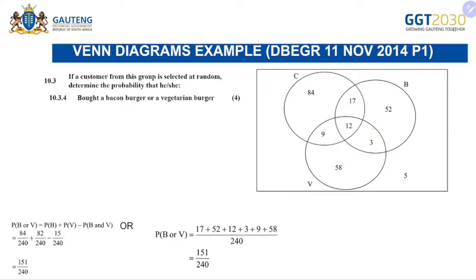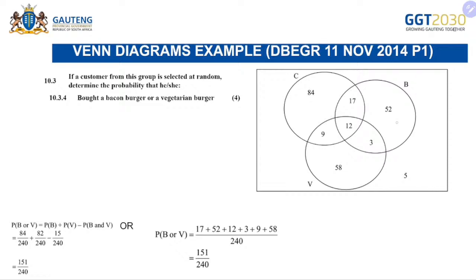Or you can use everything inside B and V. You are adding everything and you are not repeating anything there. And you will be able to see that it will be 58 plus 17 plus 12 plus 9 plus 3 plus 52. When you add those, they will give you 151 over 240, and that becomes your answer.